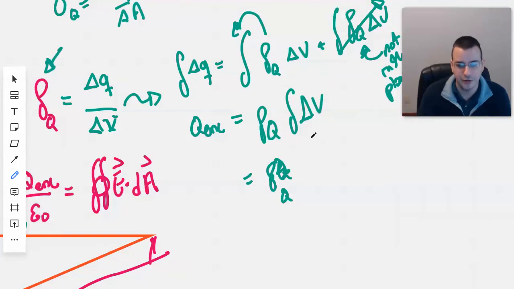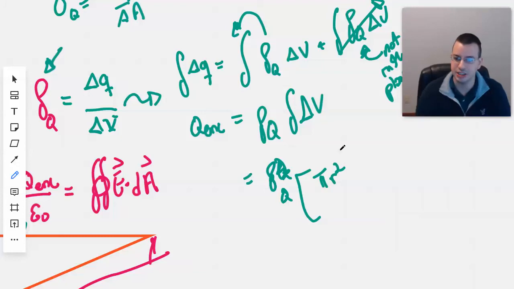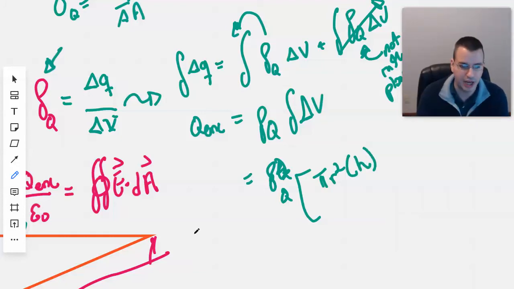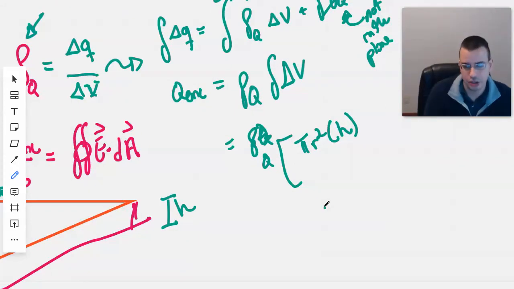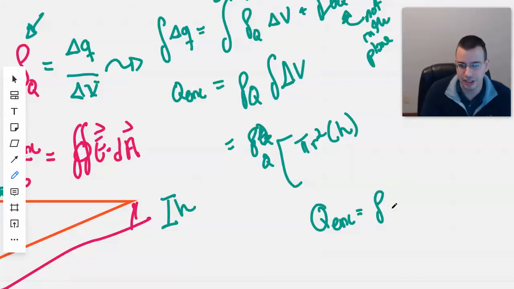So the volume of the cylinder will be pi r squared, because that's the area of the circle on top, times whatever the height of the plane is. Call this h. Okay, so what I'm going to justify is that Q enclosed equals density times pi r squared h.